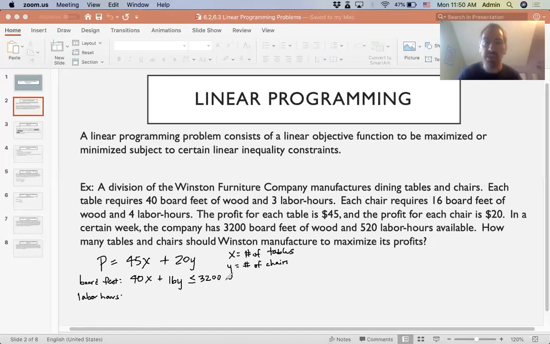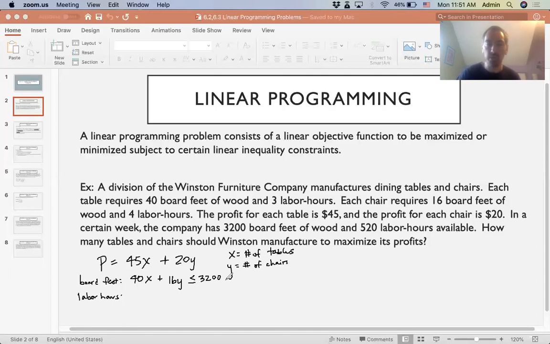All right, so I can write that as 40x plus 16y must be less than or equal to 3,200, right? The total number of board feet of wood for the tables, that 40x, plus the total number of board feet for the chairs, which is the 16y, cannot be more than 3,200. Okay, that's a linear inequality constraint.